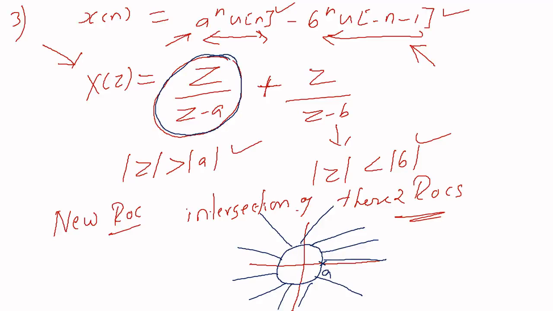But this particular part is telling me the region of convergence should be lesser than b, right? So let us use some other color. Here is this one. What it says is that it should be lesser than b.